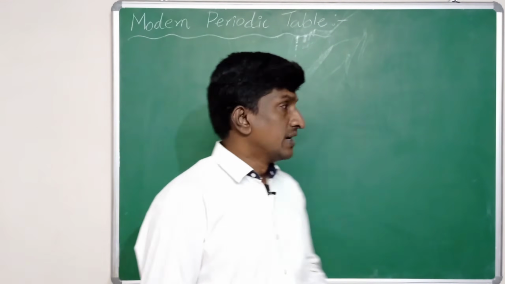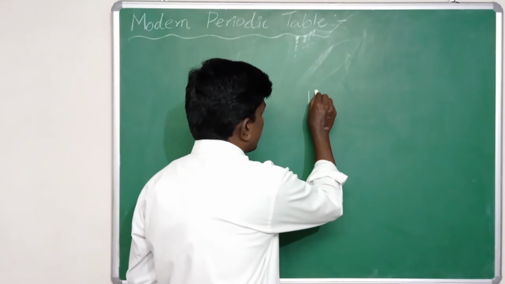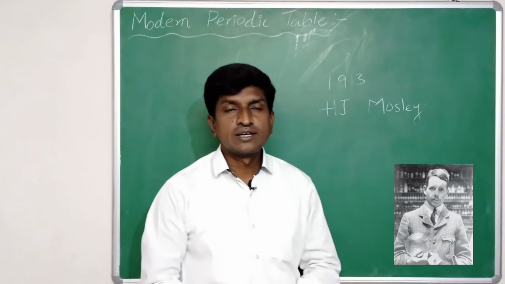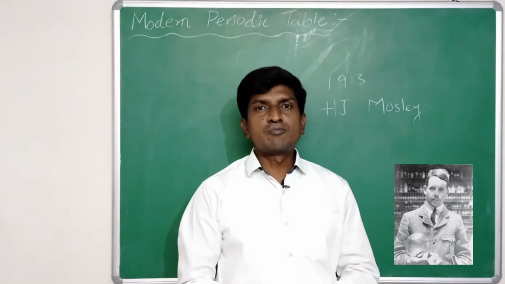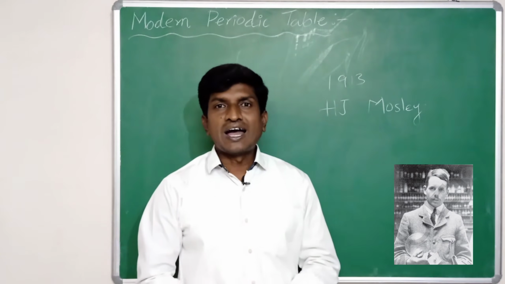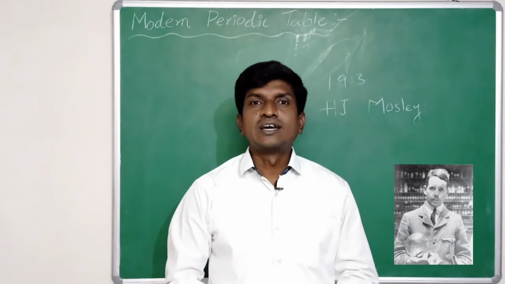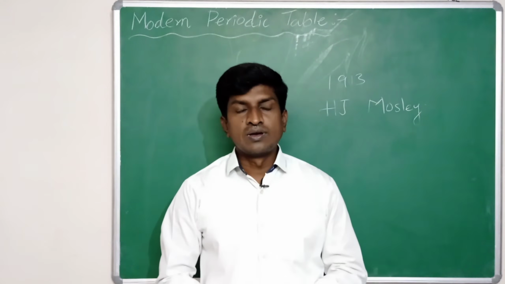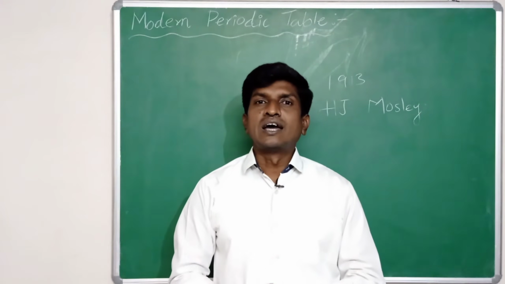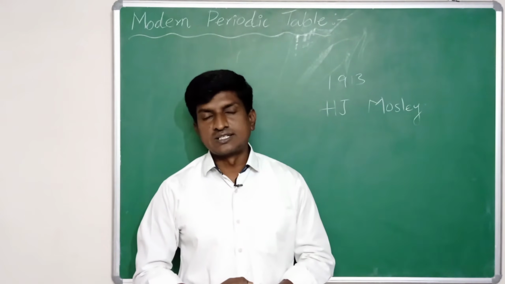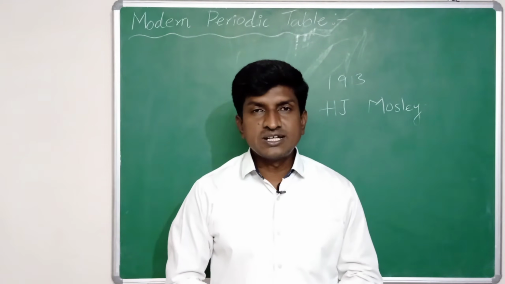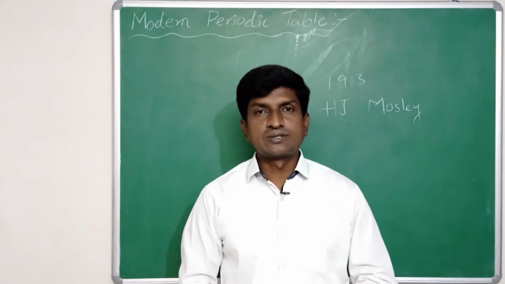After Mendeleev, in 1913 H.J. Moseley discovered the number of positive charges or protons present in the atom of an element with an X-ray experiment, and these positive charges or number of protons are called the atomic number. The atomic number is nothing but the number of positive charges or protons present in the atom of an element.